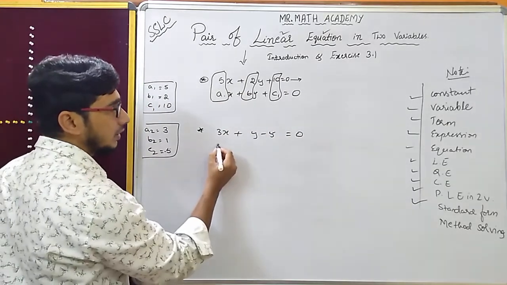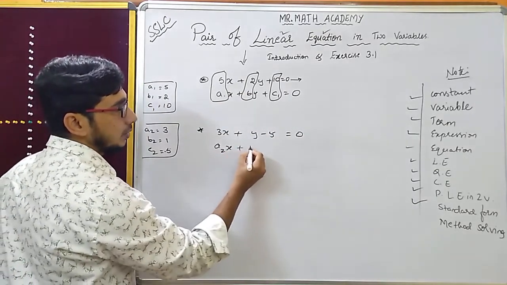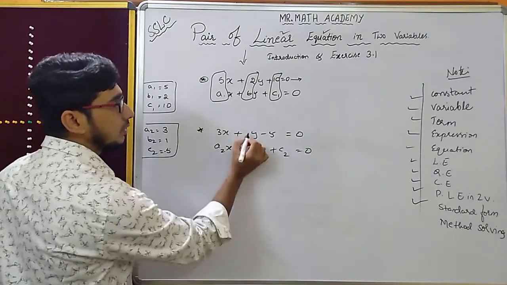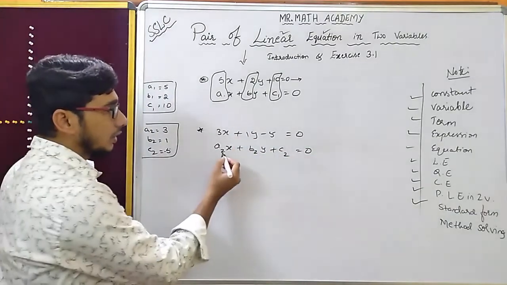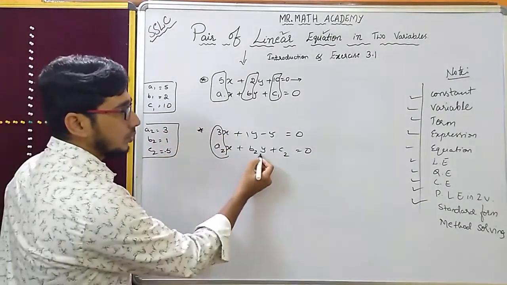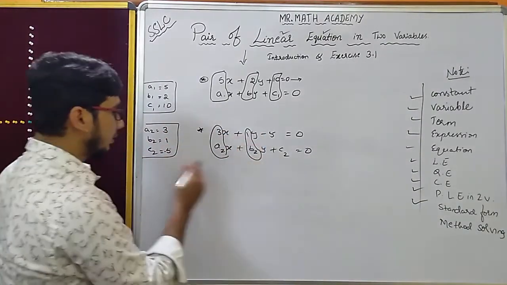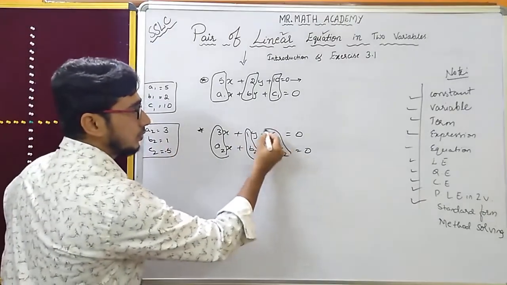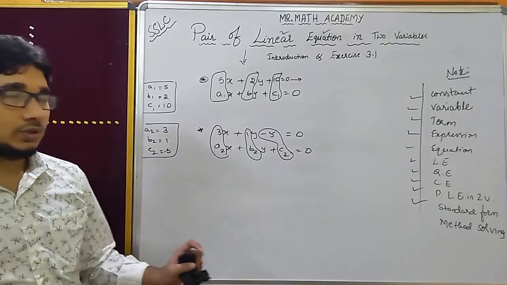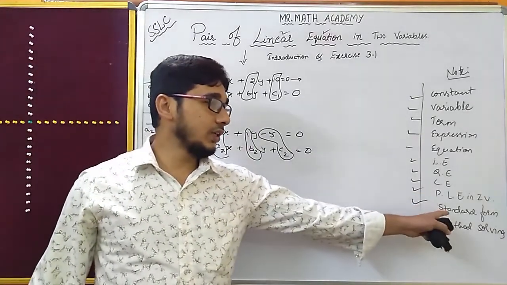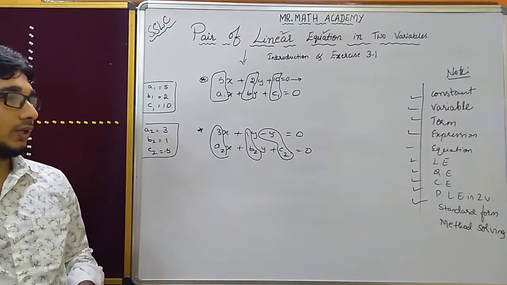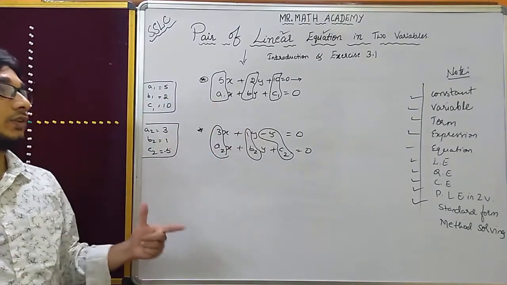For this I'll write a2x plus b2y plus c2 is equal to 0. Here nothing means 1 will be there. Now a2 means 3, I wrote already. So b2 means 1, and c2 means minus 5. So this is the pair of linear equations in two variables.